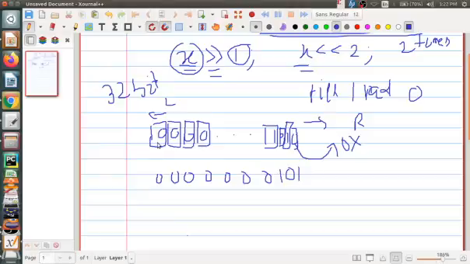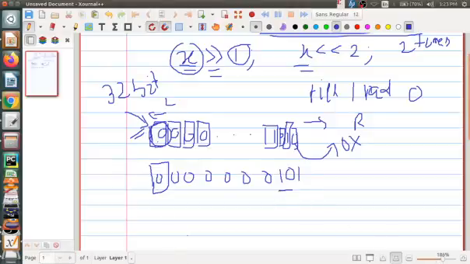Now on the leftmost side, which value will be pushed in? Whatever the bit is, this is the sign bit, as I already mentioned. This sign bit will be filled into the leftmost part. Remember this thing. Since the sign bit is 0, a 0 will be put here.